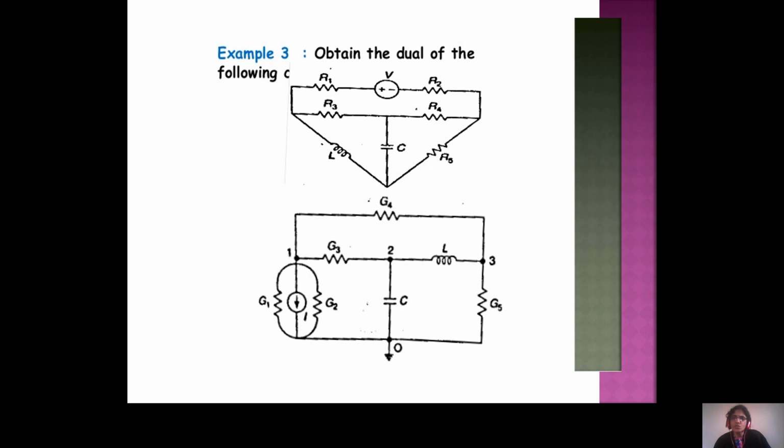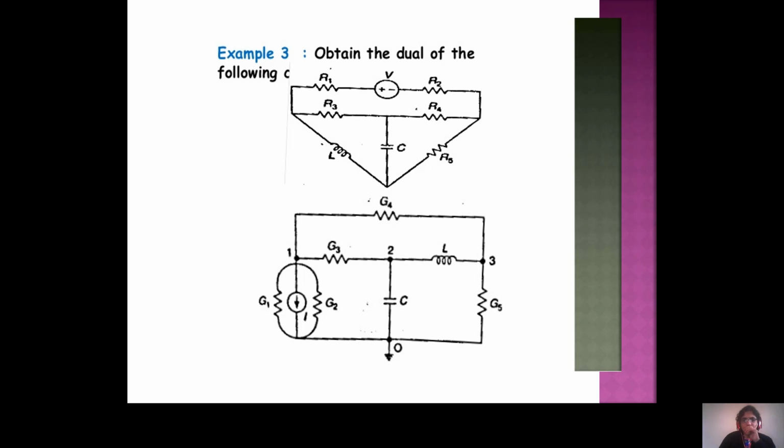The first node will be connected only to an inductance. At the second node, only R1, the voltage source and R2 will be connected, and at the third node only R5 will be connected. The remaining will all be in series.